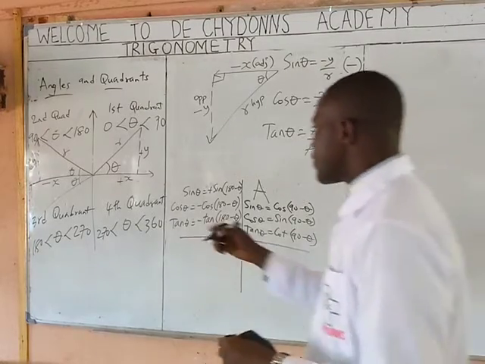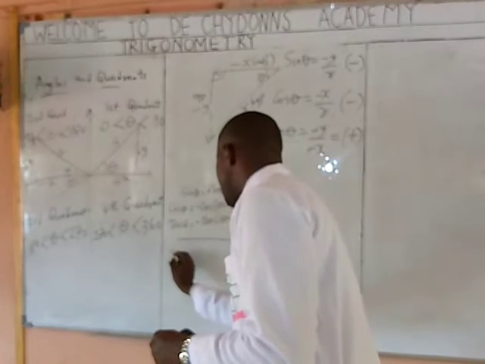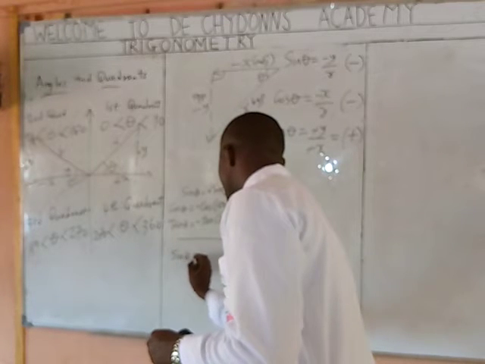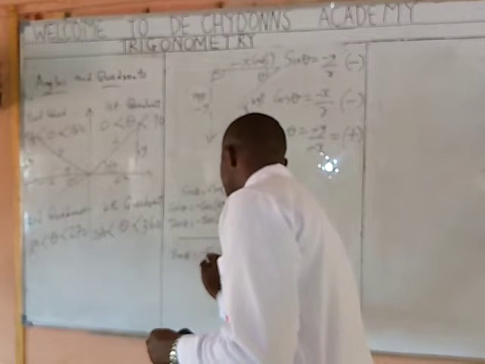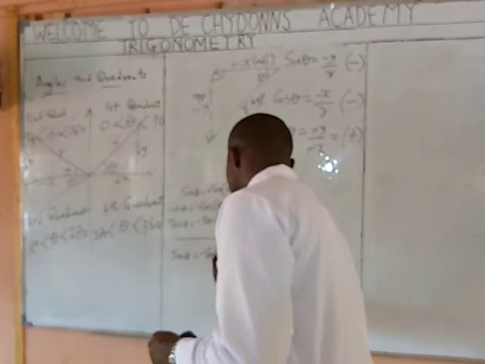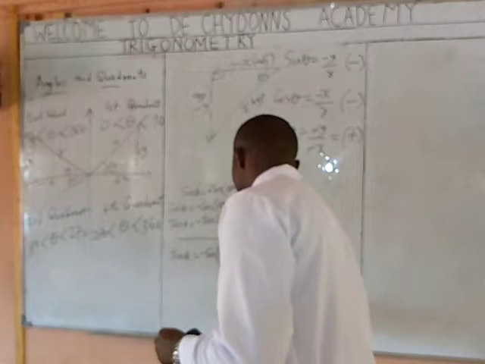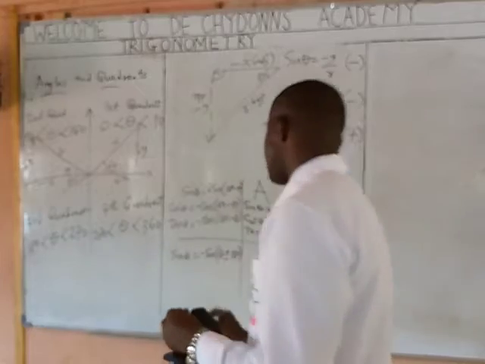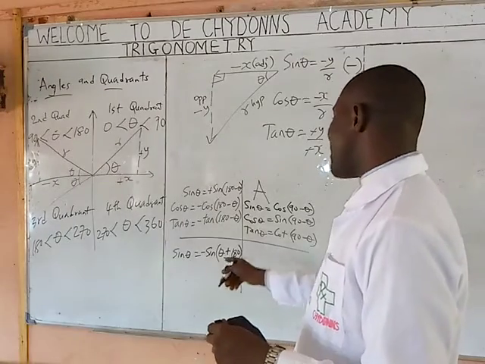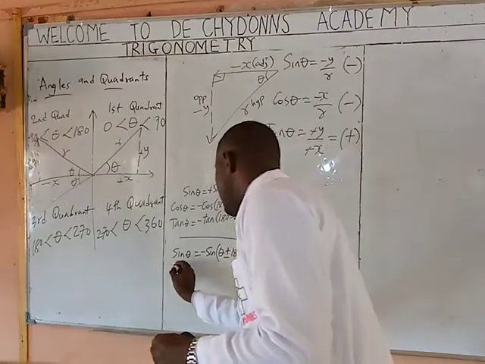So we see only tan is positive in the third quadrant. So we now say in the third quadrant we have sin theta equals minus sin (theta plus or minus 180). Please, plus or minus is very important to be put here.